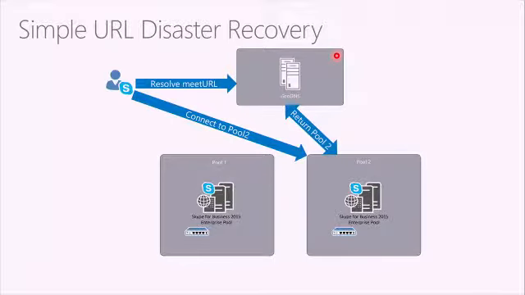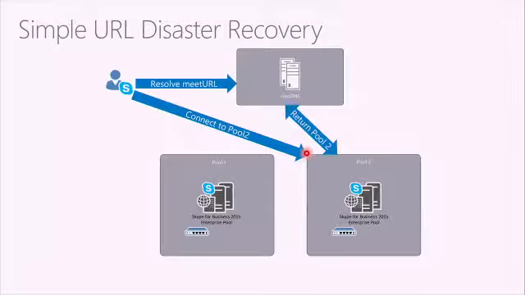Go and talk to pool 2. I'm going to return the IP addresses for pool 2. And now my client will be directed over to pool 2, and he'll be able to actually connect to and join meetings now that I've got the environment brought back up from a failover standpoint. So simple URL disaster recovery provides that mechanism for us to ensure that if that first site were to go down, GeoDNS would allow us to get to the second location.